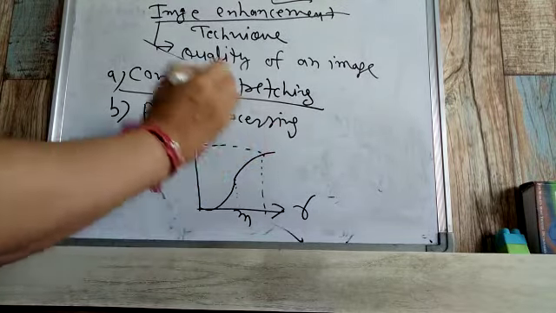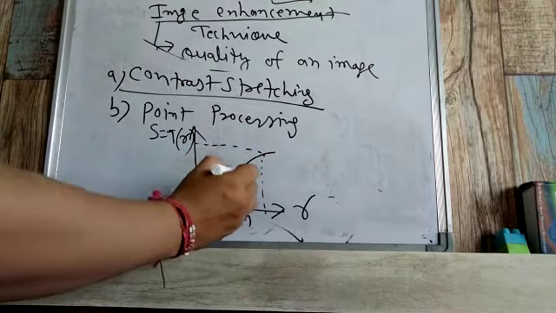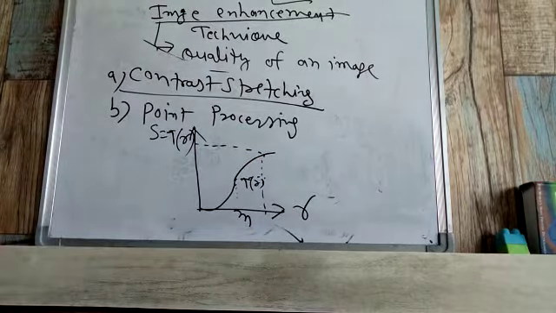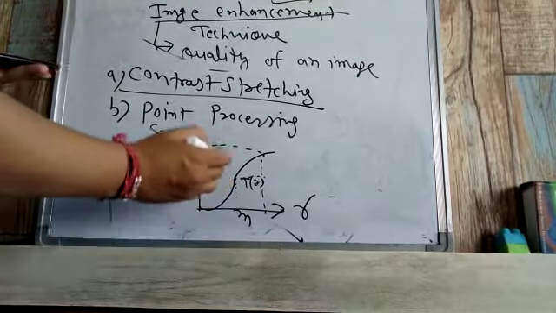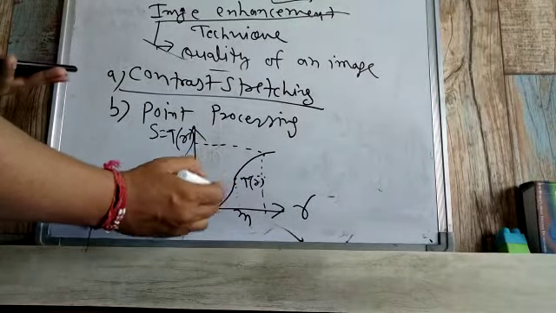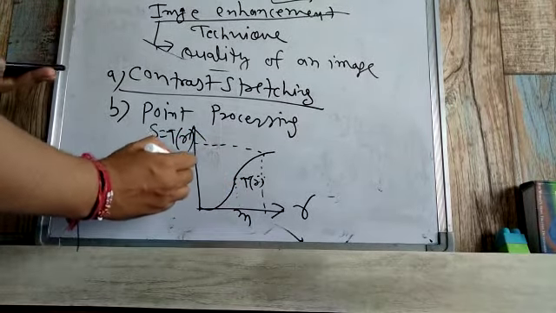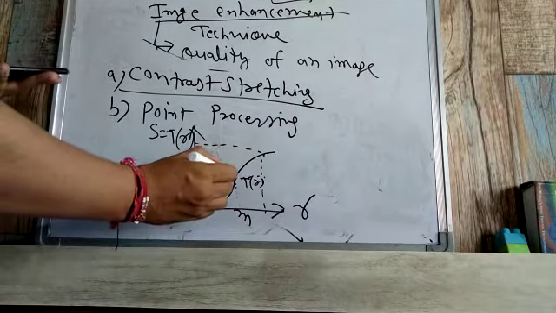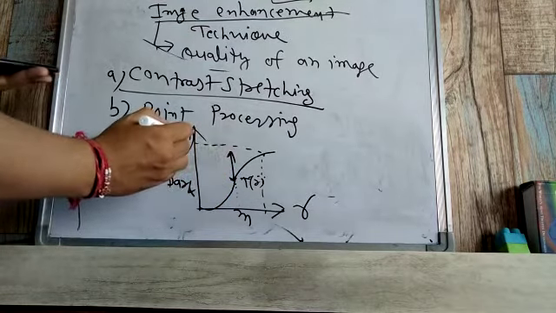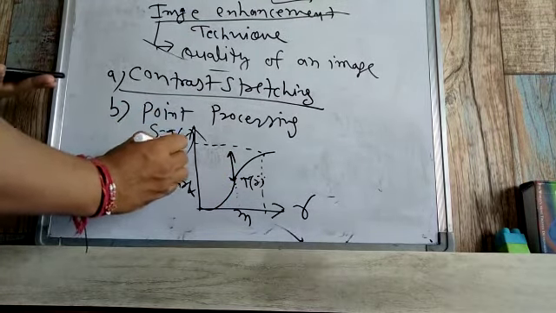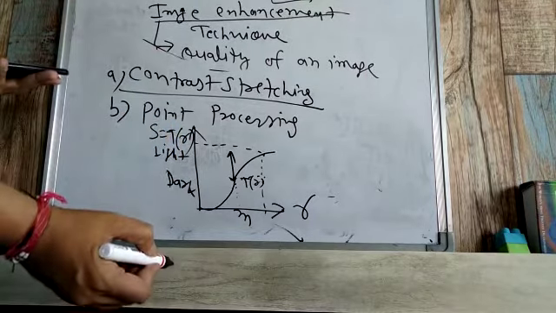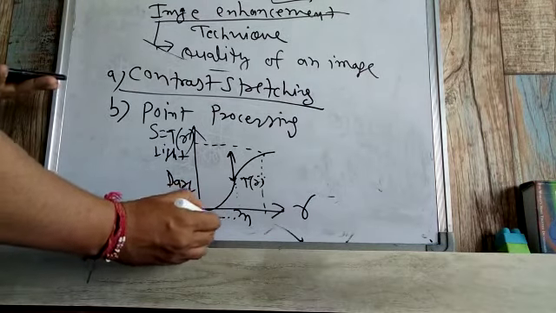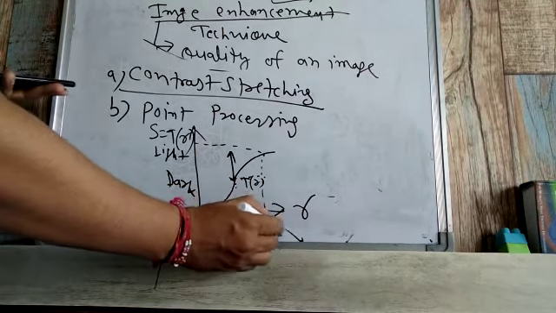Anything below the threshold M will fall on the darker side, and anything above M will fall in the lighter area. Similarly, anything below M on this side represents dark, and anything beyond that represents light.